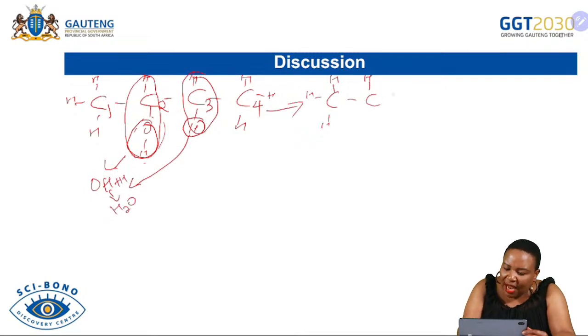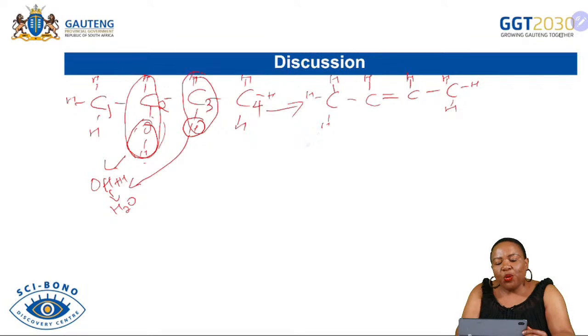So between carbon number 2 and number 3, we are going to introduce a double bond so that the two carbons are fully bonded. Then we are going to have CH3. Therefore, our major product is not going to be but-1-ene, but it's going to be but-2-ene.